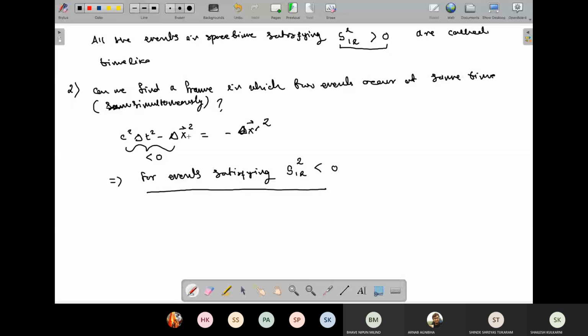So all the events satisfying these are called space-like events.